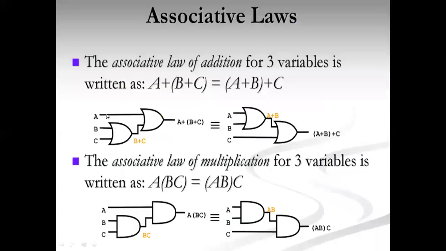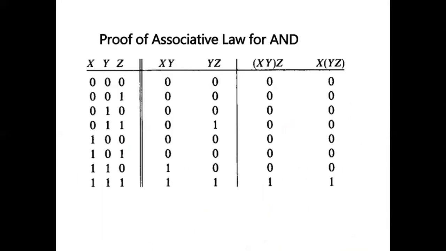Associative law: A plus (B plus C) is equal to (A plus B) plus C. This is the associative law of addition. The associative law of multiplication: A(BC) is equal to (AB)C. Here I have the proof of the associative law for multiplication, that is (xy) dot z is equal to x dot (y dot z).